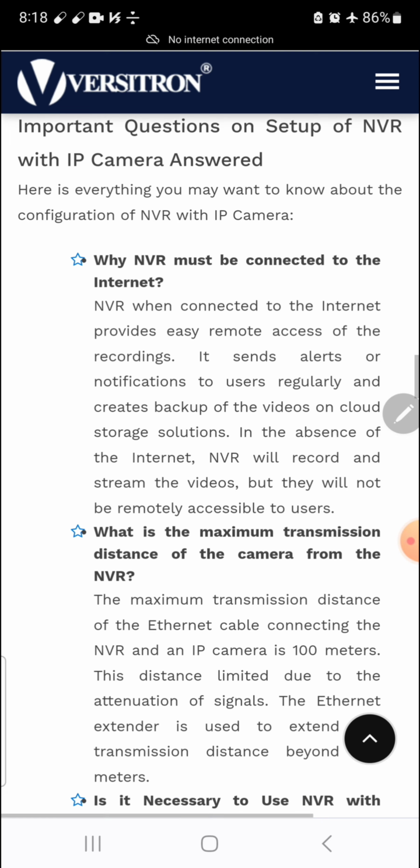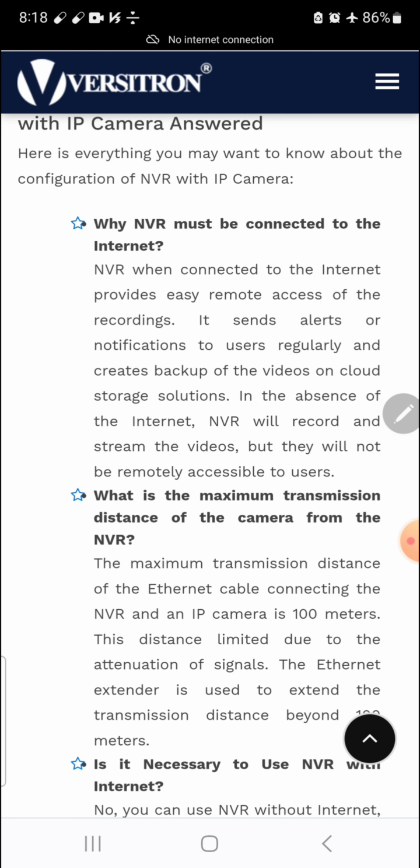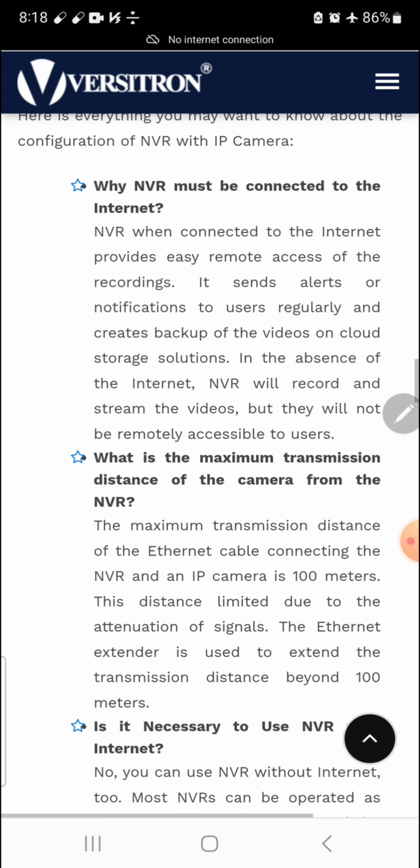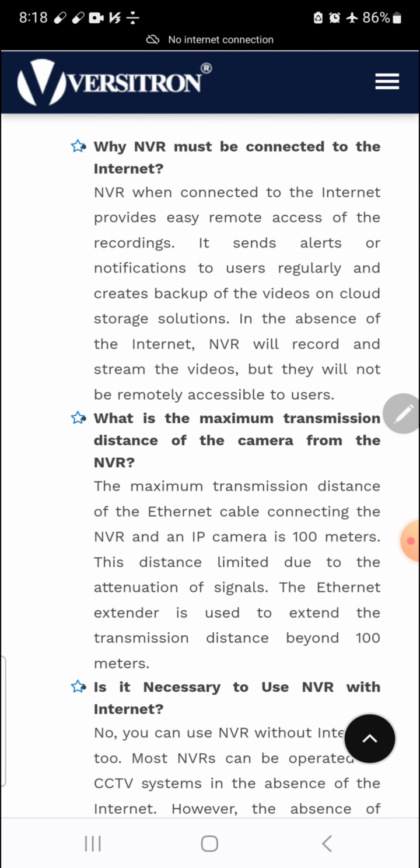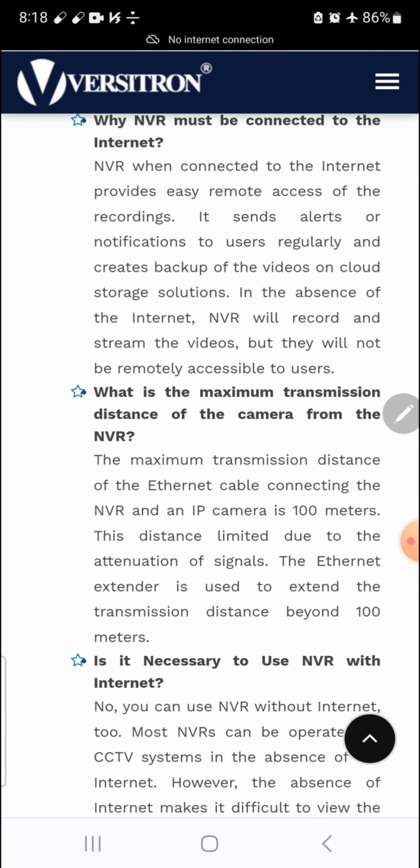Important questions on setup of NVR with IP camera answered. Here is everything you may want to know about the configuration of NVR with IP camera. Why must the NVR be connected to the internet? When connected to the internet, the NVR provides easy remote access to the recordings.